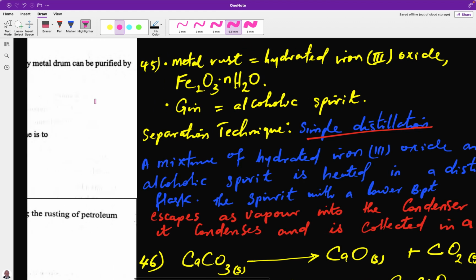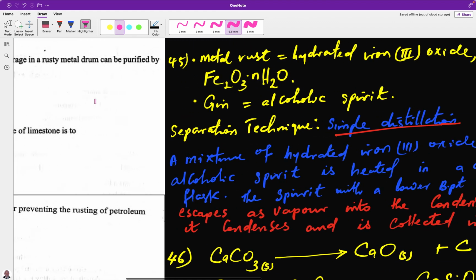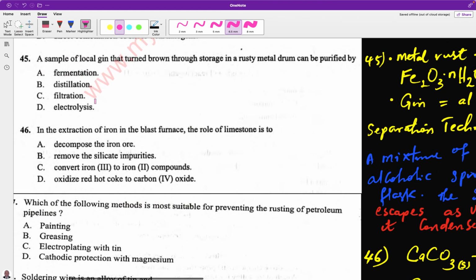So our method for separating it is simple distillation. And B is our answer here. Why I say it is simple distillation, I'm trying to differentiate it from the fractional distillation of oil.